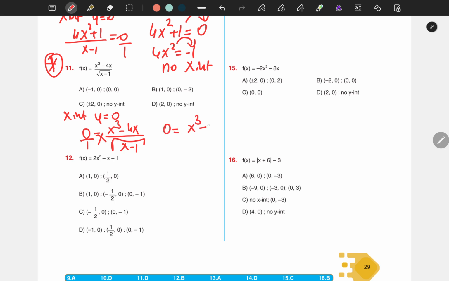X power of 3 minus 4x. What's the next step, guys? I have to factorize, isn't it? 0 equal x parentheses x squared minus 4. So which is x equal to 0? X squared minus 4 is equal to 0. Which is x positive negative 2.